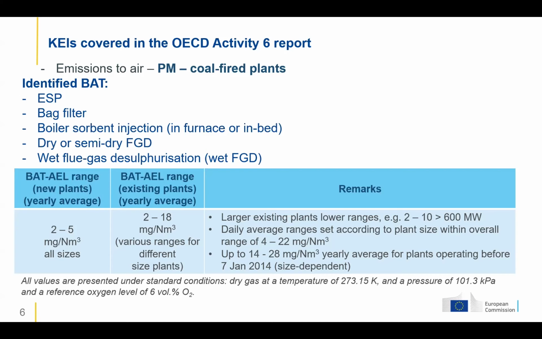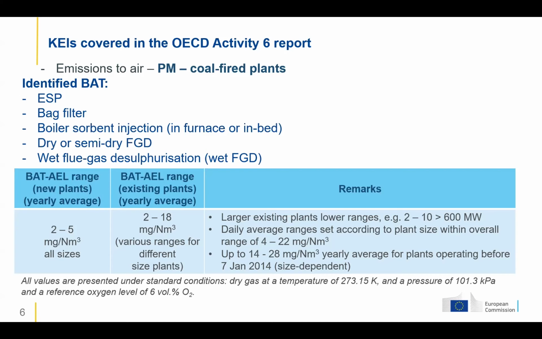Larger existing plants have lower ranges, for example, for plants with a thermal installed capacity of more than 600 megawatts, the BAT-AEL range is between 2 and 10, expressed as yearly averages.